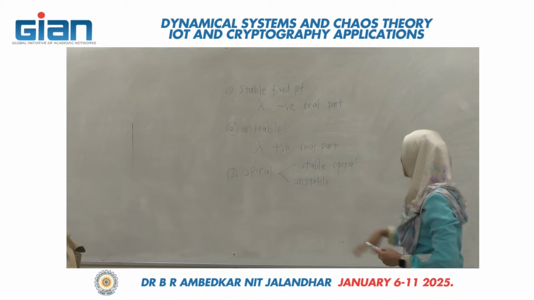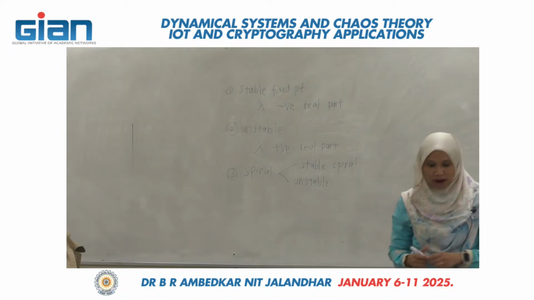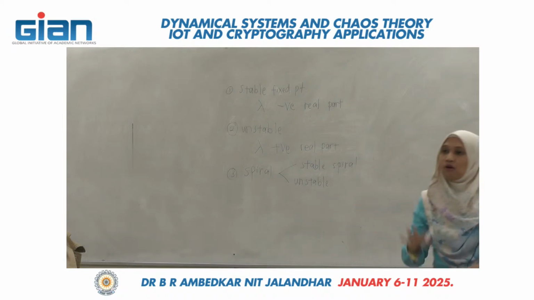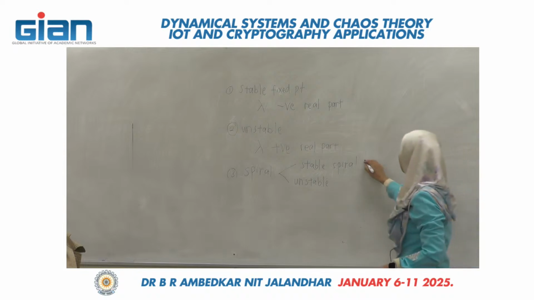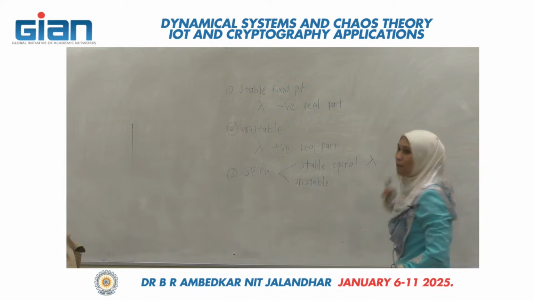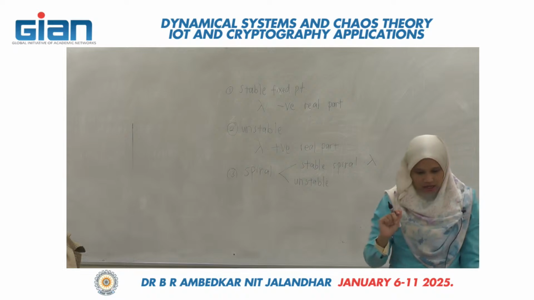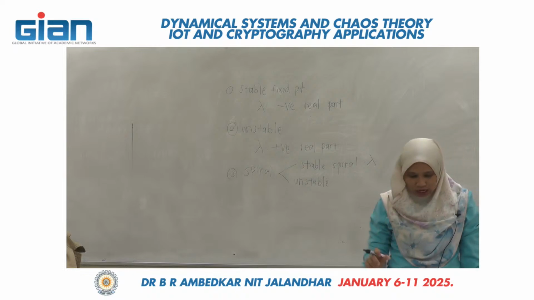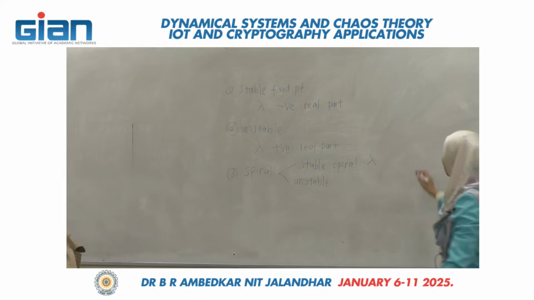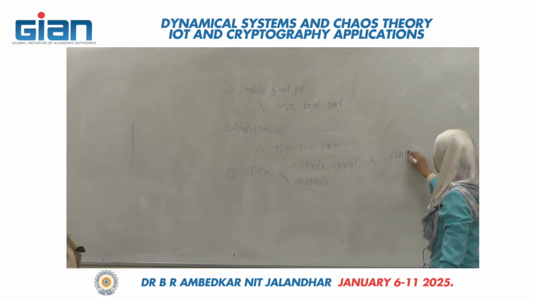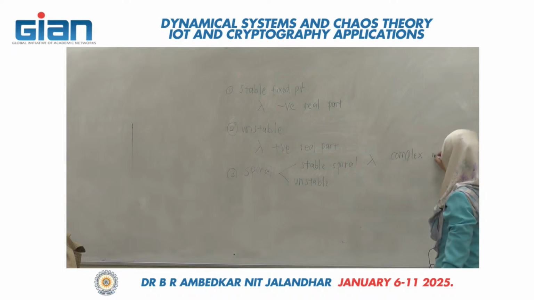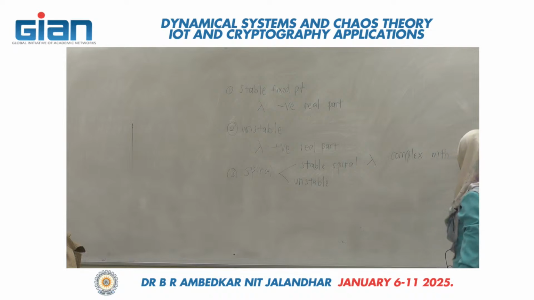Okay, so we go for stable spiral. In stable spirals, our eigenvalues are complex conjugates with negative real part. So it's complex numbers with, sorry, negative real part.